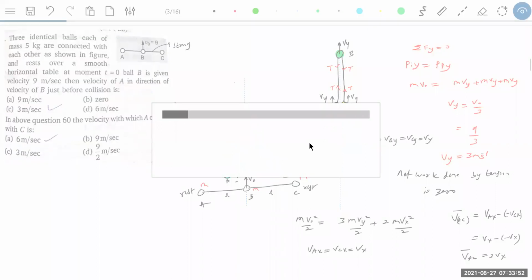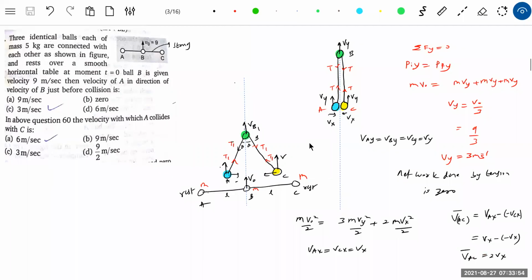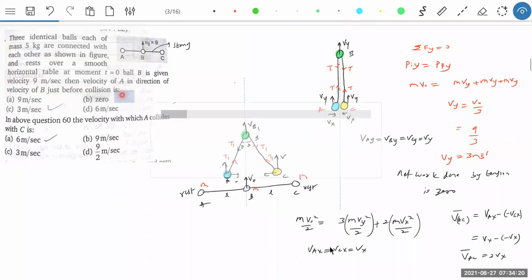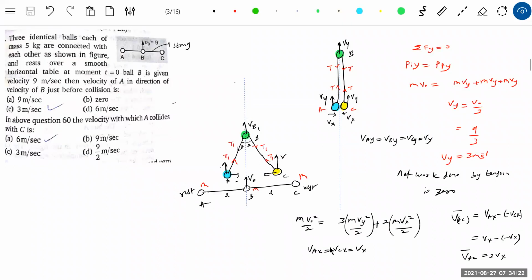Masses m and m: kinetic energy of this plus this; for 2m, the kinetic energy of this and this; for 3m, the kinetic energy of all three along the y-axis. All these are ideas of conservation of linear momentum. I only have to check whether the net force is 0 or non-zero. If the net external force is non-zero, momentum is not conserved; if the net external force is 0, momentum will be conserved.